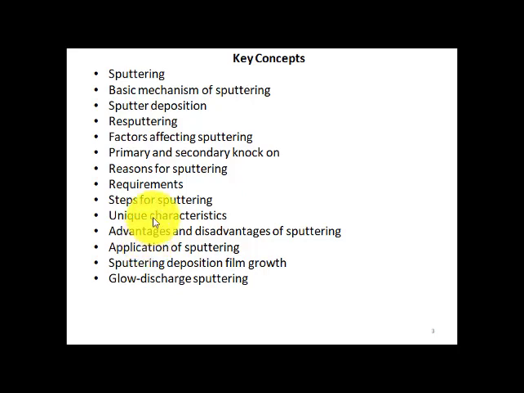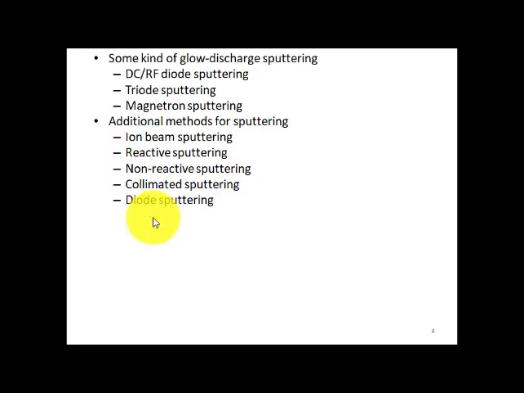discharge sputtering. There are different kinds of glow discharge sputtering like direct current or radio frequency diode sputtering, triode sputtering, magnetron sputtering.